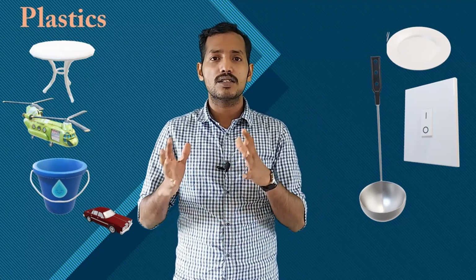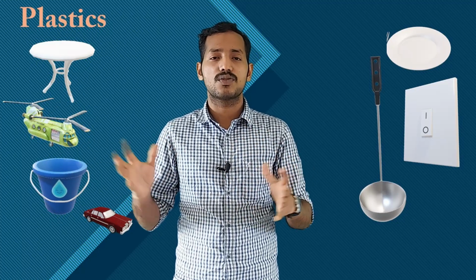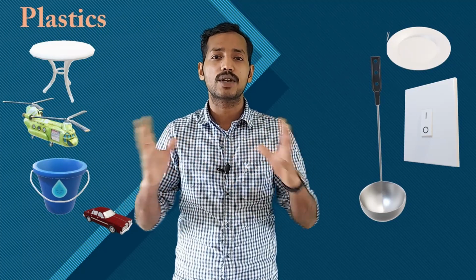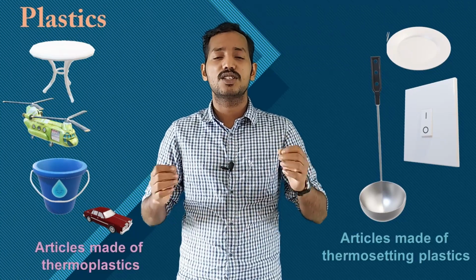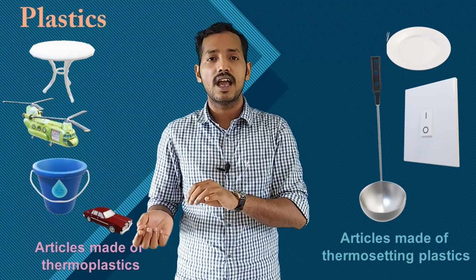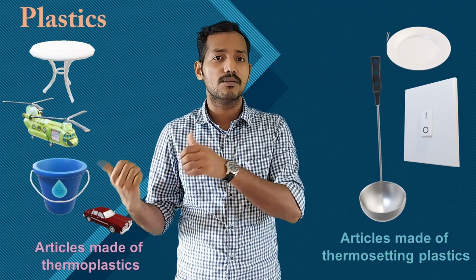On the basis of these differences, we can classify plastics into two categories: thermoplastics and thermosetting plastics. The thermoplastics are the plastics which get deformed easily on heating and can be bent easily. The articles given on the right side are made of thermoplastics. The second category is thermosetting plastics.